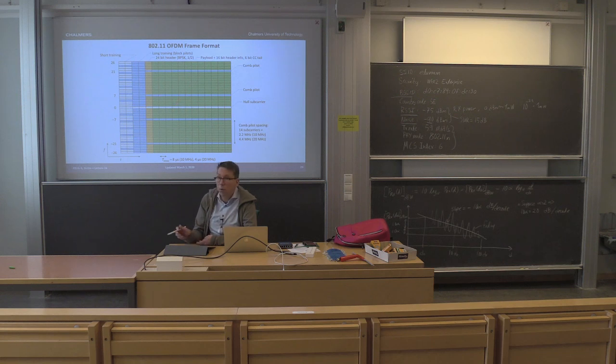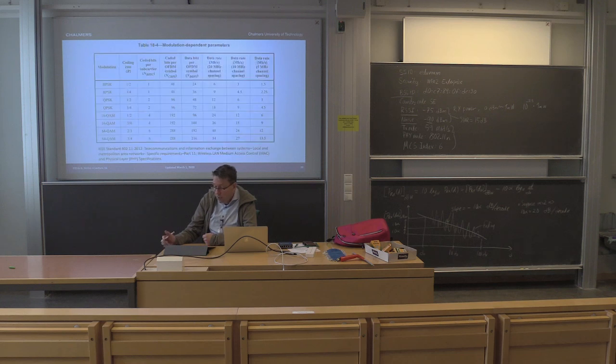Okay. I won't go into super much detail here, but for a very common setup, this is approximately 20 megahertz. But it could also be 40 in some cases, sometimes 80. And then there are the modulation and coding parameters. We have different modulation formats here.